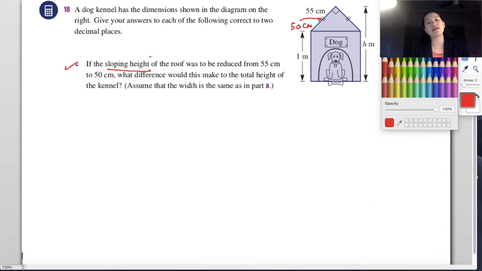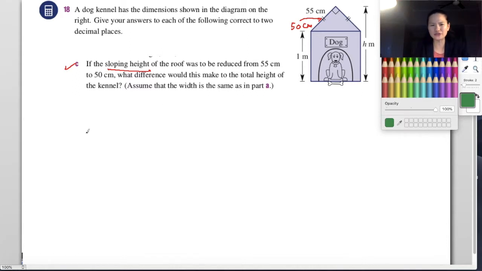Assume that the width is the same as part A. Again, if you do it by yourself, you have to read twice.